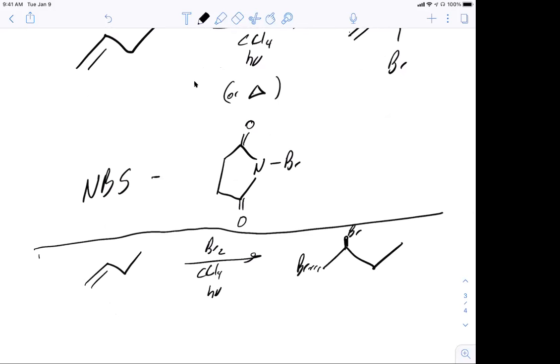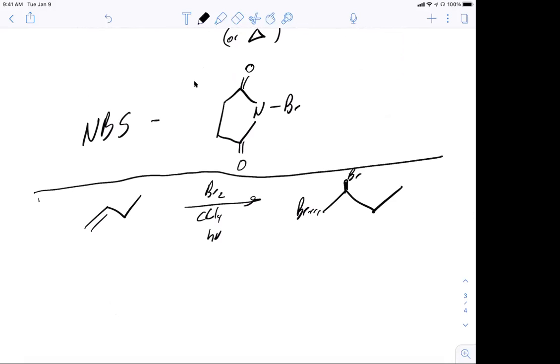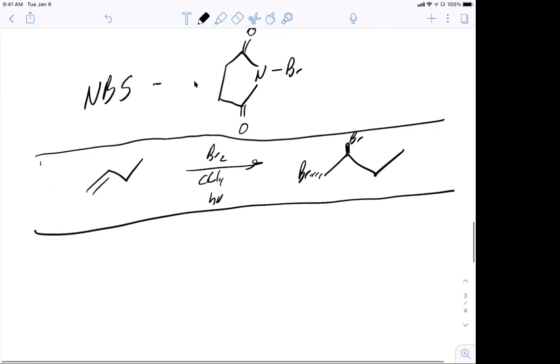So we can't just add bromine and light to an alkene like this to get the bromination. So what we need to do is add something that will supply a bromine, but not react in the way that Br2 will. So that's the reason for the NBS.